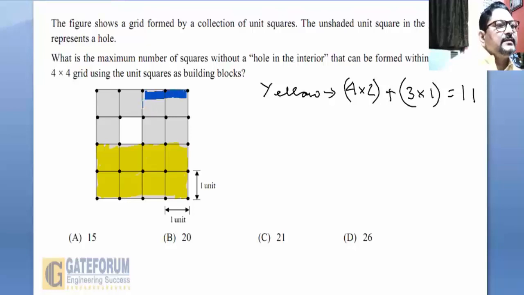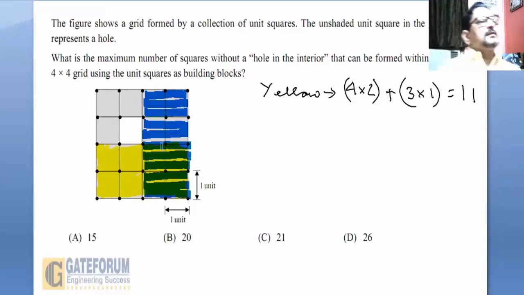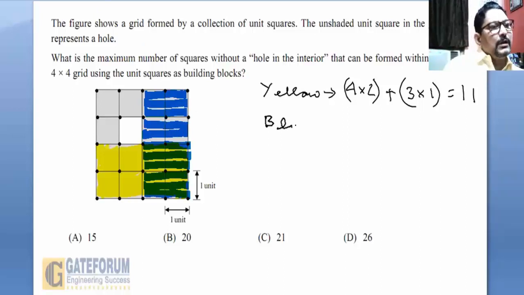Now let us do a little bit more of shading, and let me choose an appropriate color for that. Okay, let us shade this portion. Well, it has become a bit deeper than I would have liked, but I hope it is understandable. So let us understand what this is. Now, this also you will agree, this I would mark as the blue one.